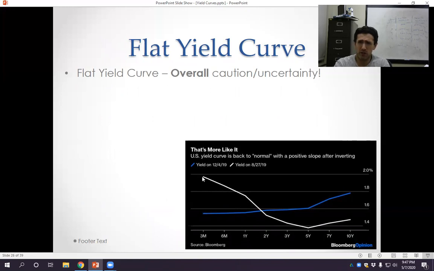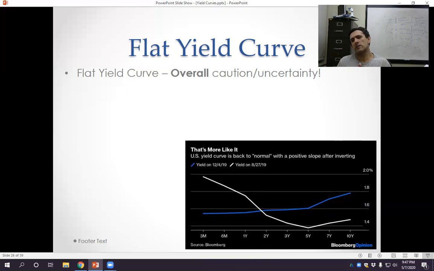This one in August is definitely an inverted yield curve. But this one is positive sloping, though still fairly flat. The difference between the yield rate for 3-month bonds and for 10-year bonds is roughly 0.3%, which is very little change.